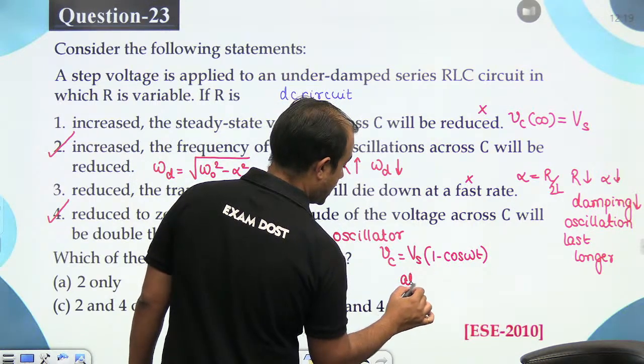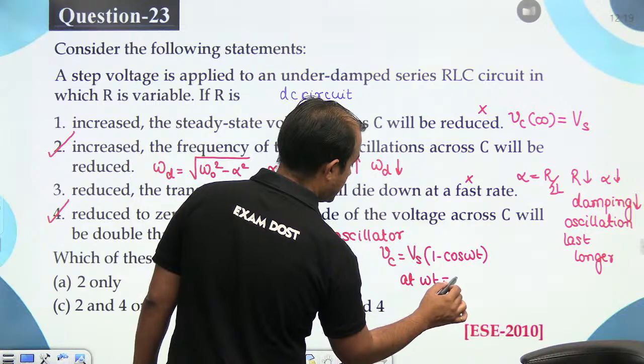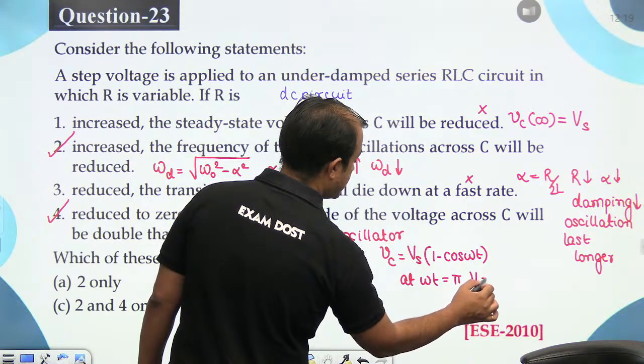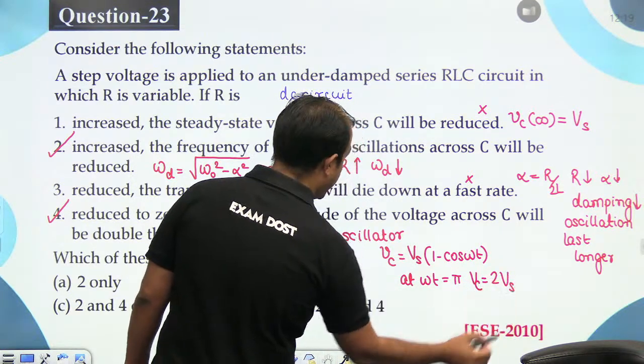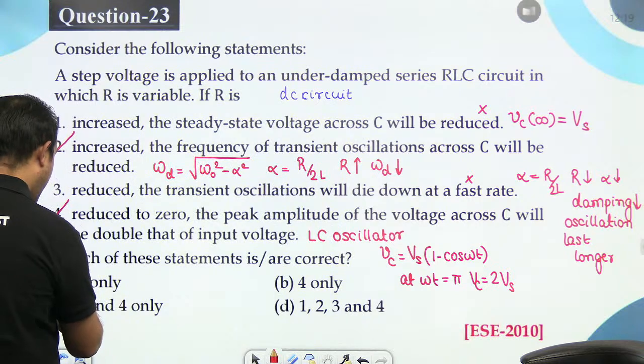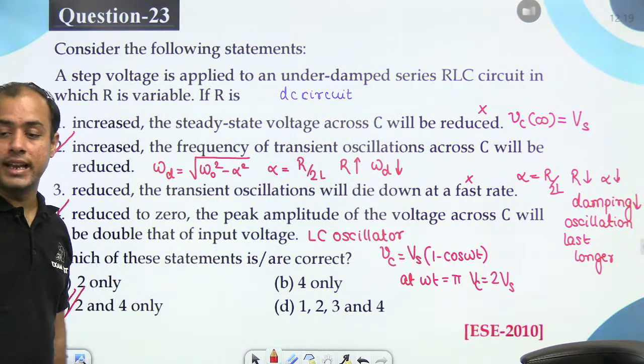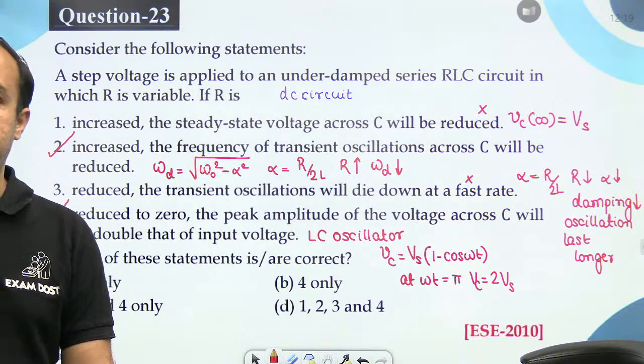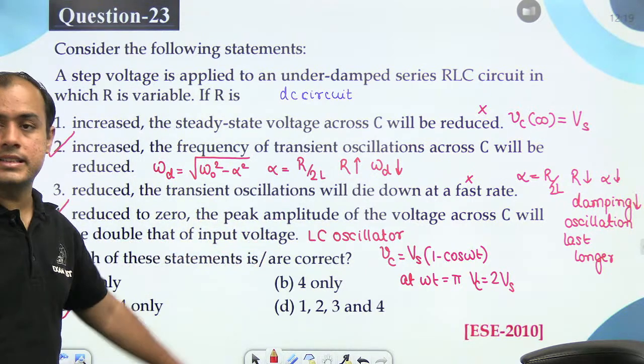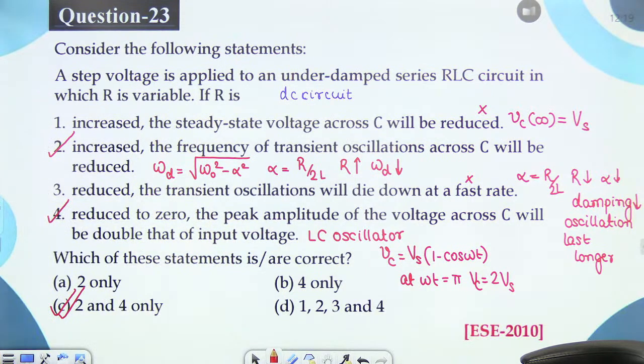So at omega t equal to pi, Vc equal to 2 Vs. अब if you are doubting, sir, how you have written the equation of Vc, for that you have to watch the lecture based on LC oscillator. मैंने LC oscillator में ये सब equation लिखना सिखाया है. Okay?